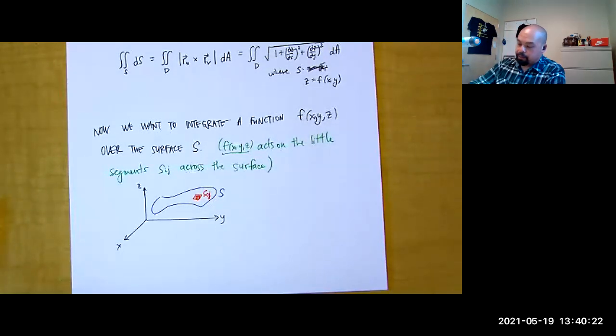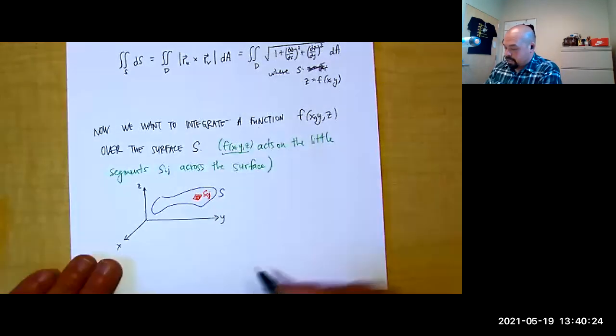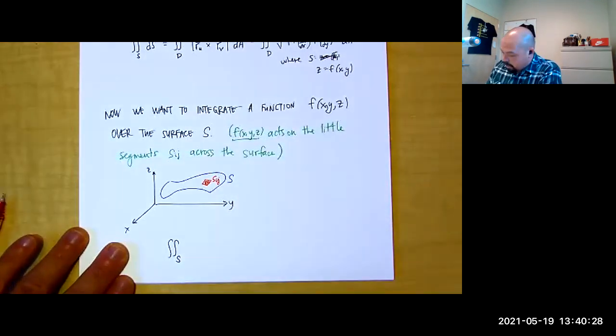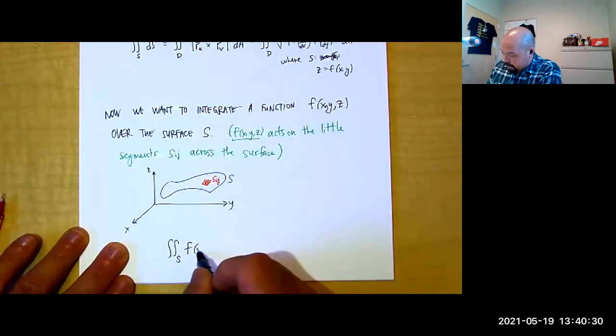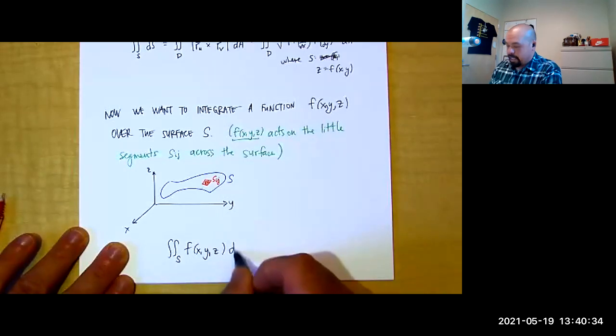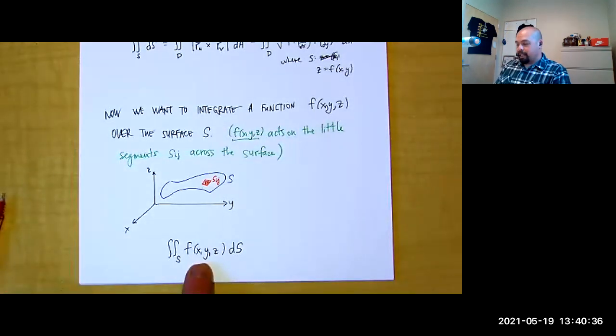Okay, so what we're going to see is this integral over S of our function f of x, y, z dS. Our function acting on, working against each of those little segments, dS.